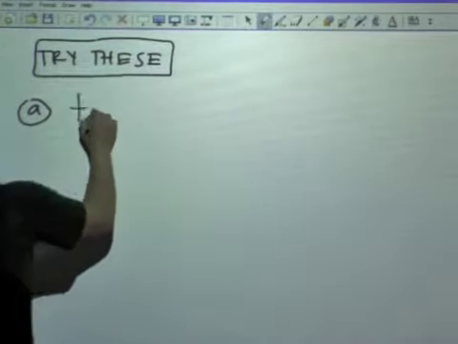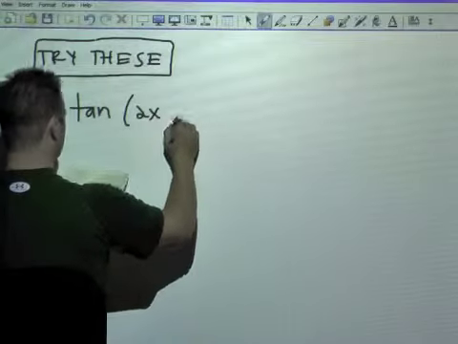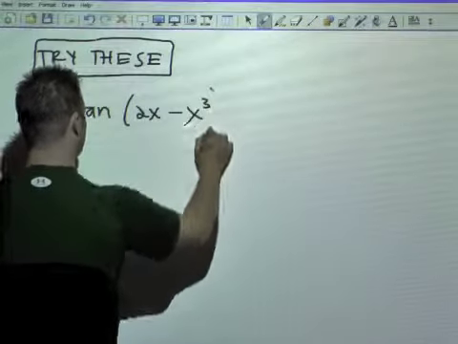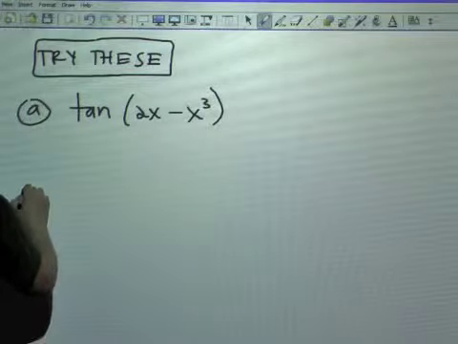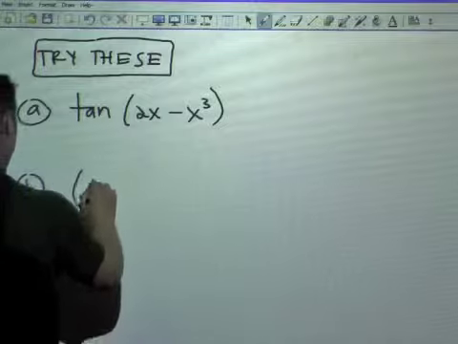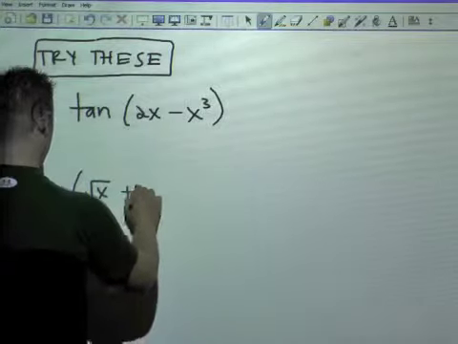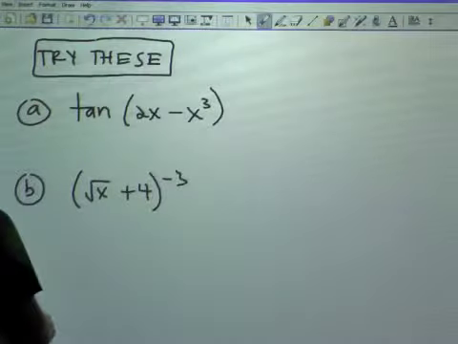Let's say the first function. That one. I'll try to write them down correctly this time. That's a negative 3.